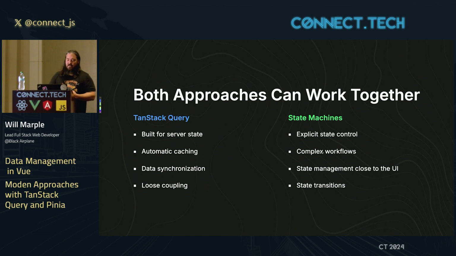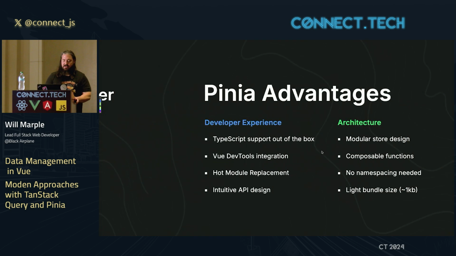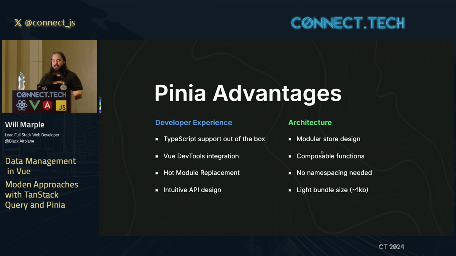TanStack Query, let's consider it as built for the server state: automatic caching, data synchronization, and loose coupling. State machines give you more explicit state control for complex workflows. Think about it for state close to the UI, state transitions. Pinia's advantages are very similar to TanStack Query. Boy, tongue twister.